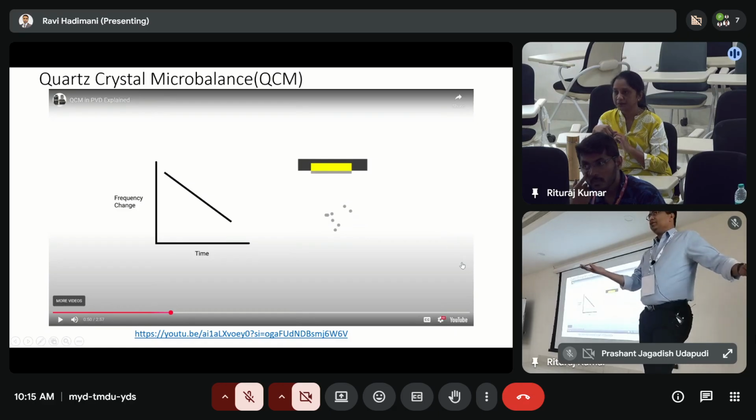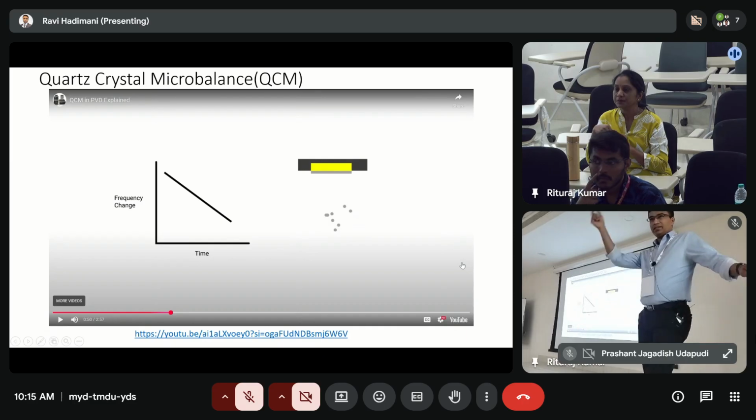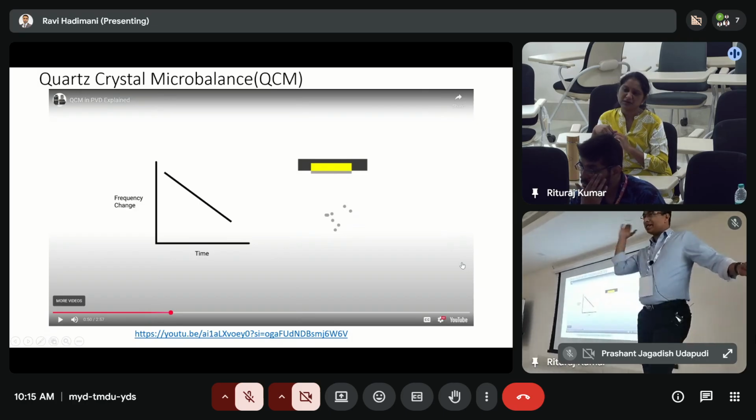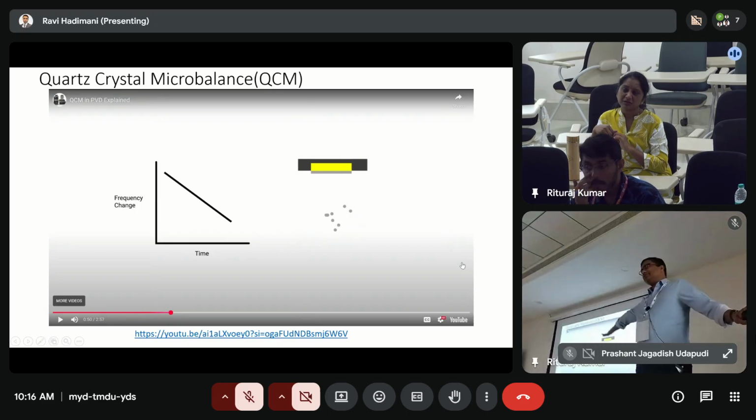Though, the other way is to take out the film, put it in a scanning electron microscope, and look at the cross section, and it will tell you the thickness of the film. But then you have to take it out and break the vacuum. Once you break the vacuum, it takes another 5-10 minutes, depending on the system.